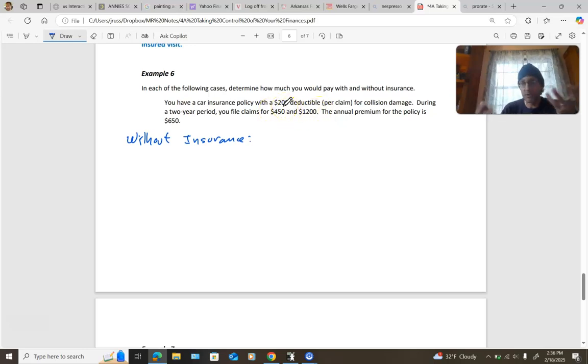So whatever those expenses are, that's how much it's going to be without insurance. So essentially $450 plus $1,200, and that's going to give you a total of $1,650. So this is what you would pay for that body work if you didn't have insurance.